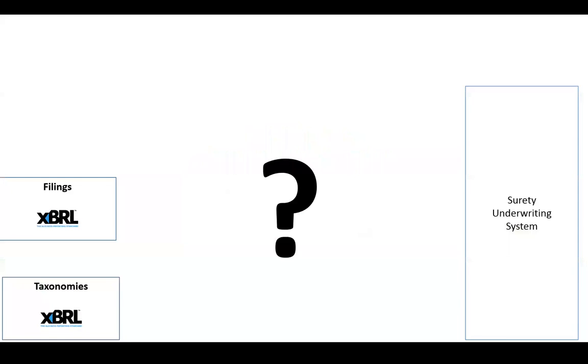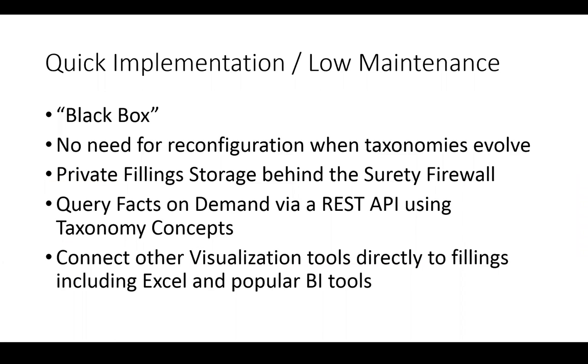And the idea is to put between a surety's existing system and the XBRL filing some kind of a black box that will just store and allow the surety system to access on demand all the concepts that are described by the taxonomy. So the idea is to have a quick implementation process with very low maintenance going forward.